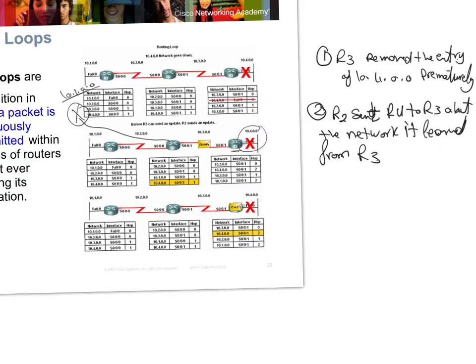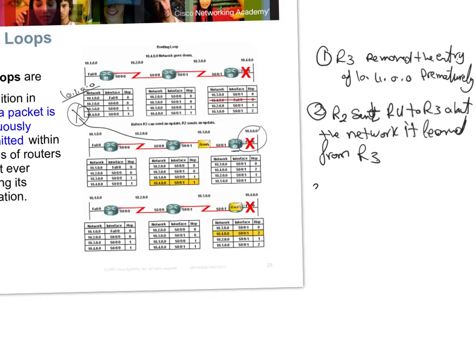That is, R2 sent the information about 10.4.0.0, which originally it learned from R3 actually. It sent it back to R3. So that's kind of weird. How come I learn a network from R3 and I have to send it back to R3? So that's the second reason.